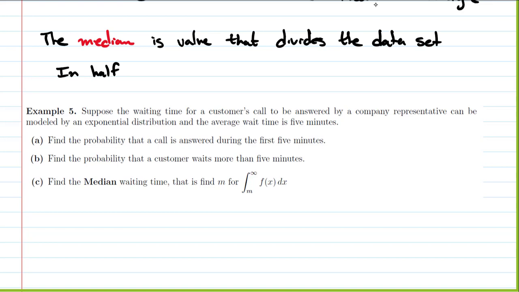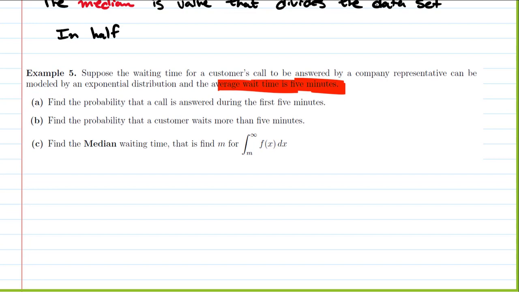If we know that the average wait time is 5 minutes, that tells us that mu is equal to 5.